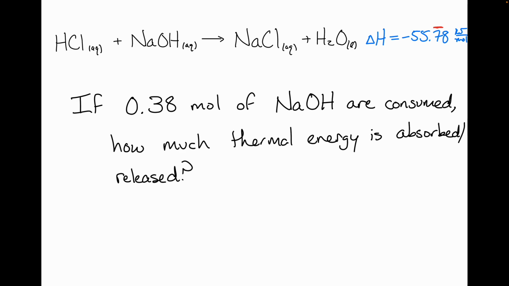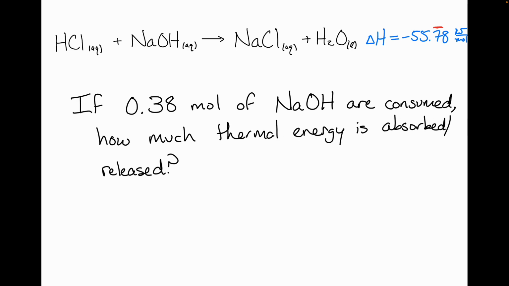All right, so this is what we learned how to do last week with our enthalpy stoichiometry here. We have our standard enthalpy, but our standard enthalpy is given to us in kilojoules per mole of reaction. In this reaction here, I don't have 1 full mole, I just have 0.38 moles of my hydroxide being consumed.